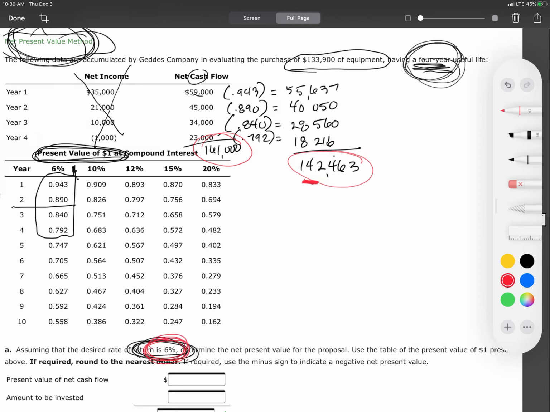Assuming 6%. Now, some people have a different opinion about the discount rate that is appropriate, and that's another big discussion. The difference would change if you use a different column, because the difference between present and future changes. But that's beyond the scope of this class. So for now, let's just keep it simple.